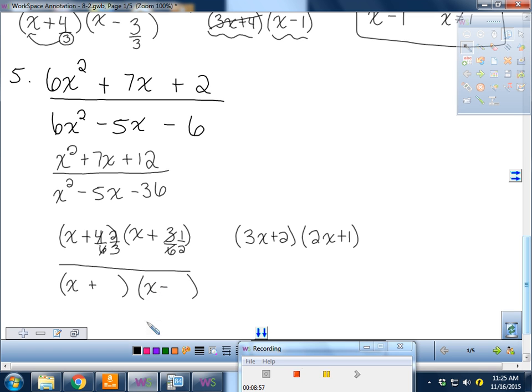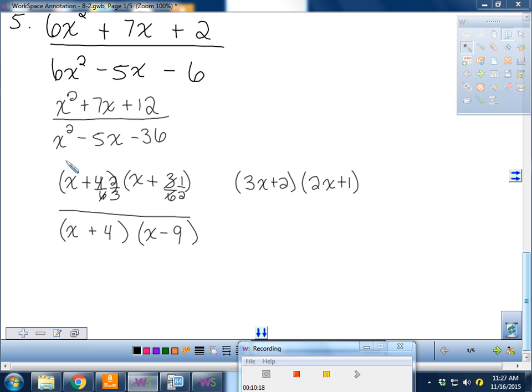So then I have to come up with two numbers that will multiply to make 36 and will subtract to make 5. Okay, that would be 4 and 9. So since there's a minus in front, the 9 will go with the minus and the 4 will go with the plus. And then I have to remember to divide by 6.